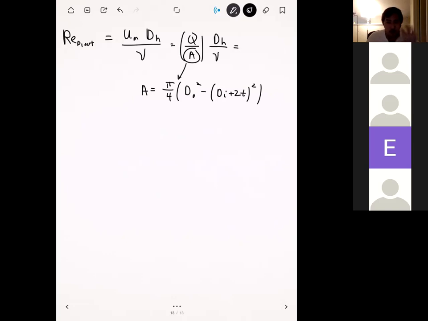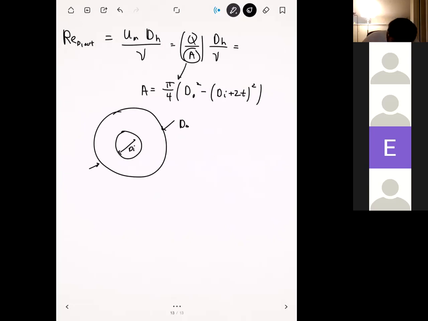And so the area is going to be the outer circle, where the outer circle here has a diameter of DO. Okay. And then normally we have this inner diameter DI right here. But that's not the inner diameter of the annulus, because remember we have a very thin layer of copper around that, and the thickness of that copper is 1 millimeter.